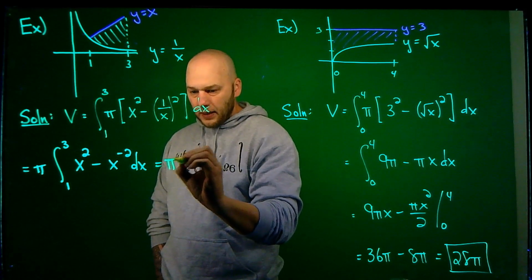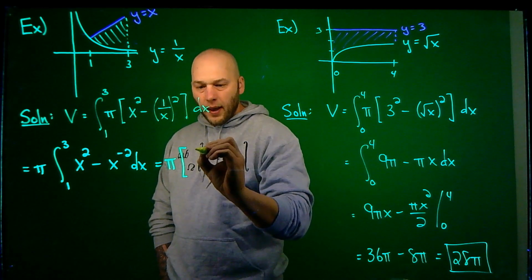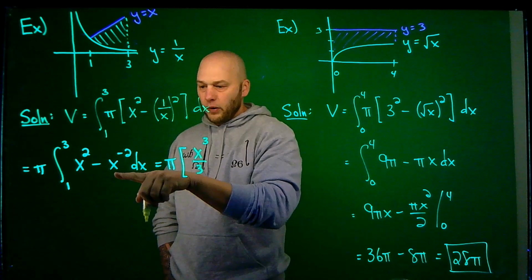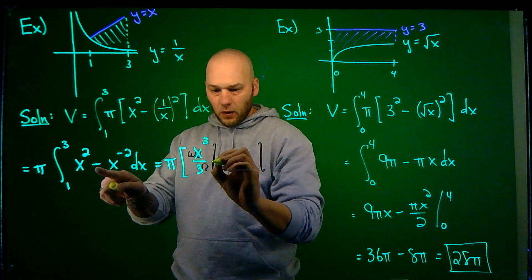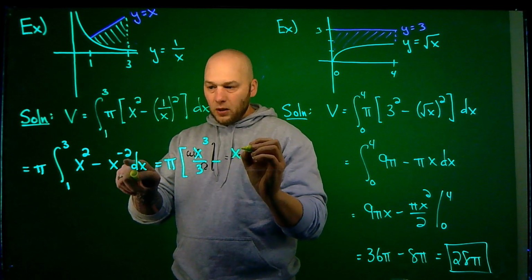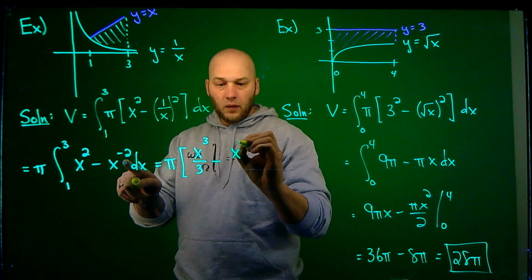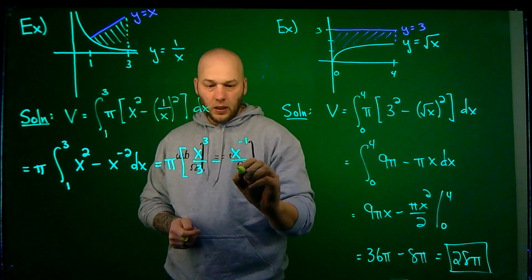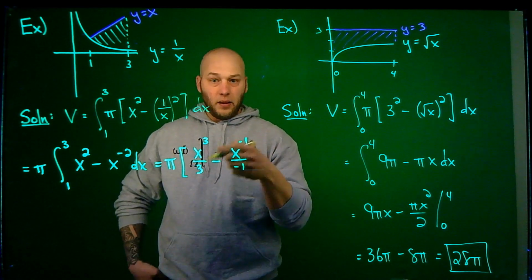I get pi times the antiderivative of x squared, x cubed over 3, minus the antiderivative of x to the negative 2. Now let's just carry this negative along here. I'm going to increase the exponent by 1, so negative 2 plus 1 would be negative 1. I then have to divide by the increased exponent, which would be negative 1. Of course, that's going to become positive, but let's do that in the next step.